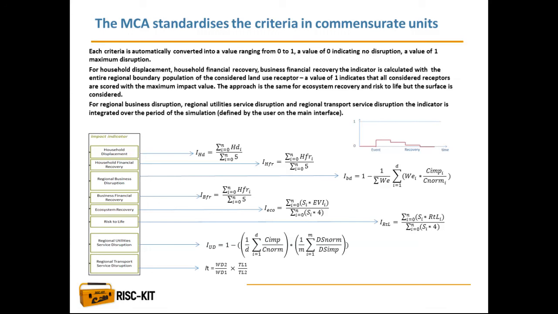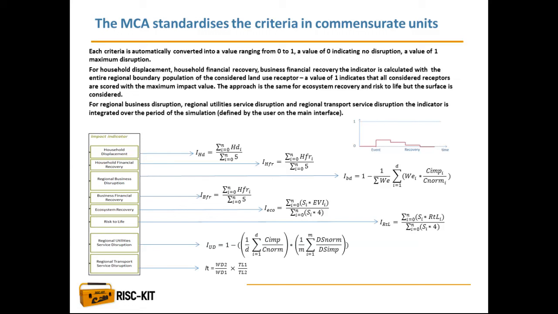The multi-criteria analysis standardizes the criteria in commensurate units. So a value of 0 indicates no disruption, whereas a value of 1 indicates a maximum disruption.